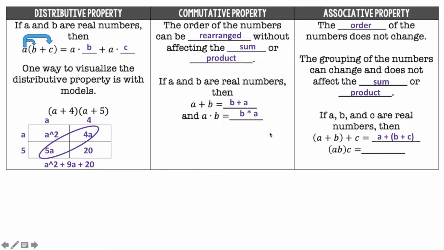So instead of having the parentheses around A and B, we just moved it to having the parentheses around B and C. Now the bottom here, instead of it being (AB) times C, we can have A times (BC). So you just move the parentheses over, and we're going to take a look at why you do that later on. You're probably wondering what's the point, but when you get to the later problem, you're going to go, oh, okay, that makes sense. That makes the problem a lot easier to solve.